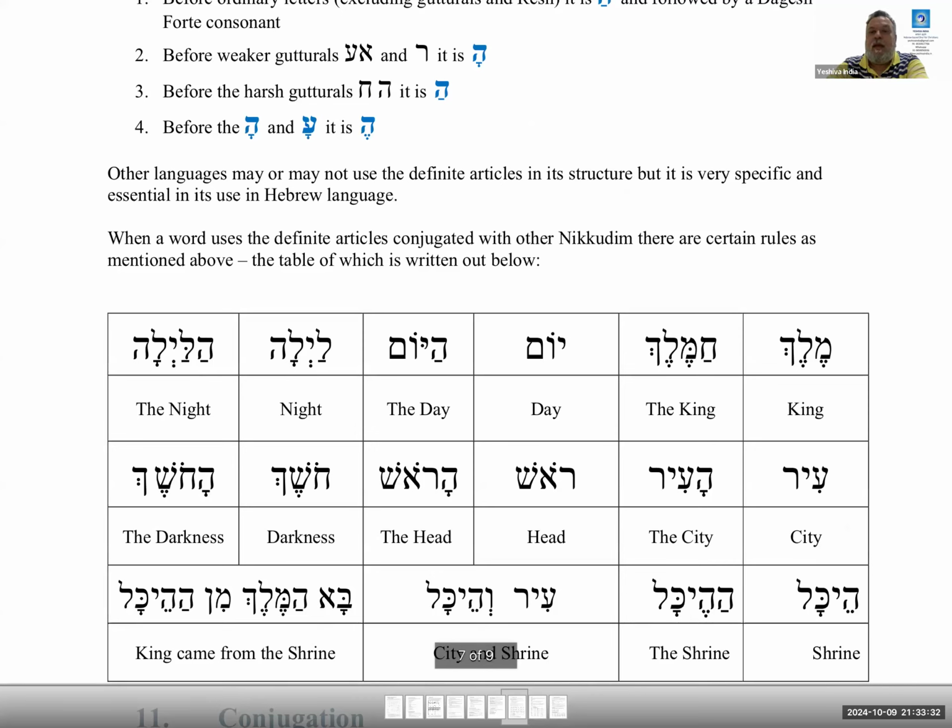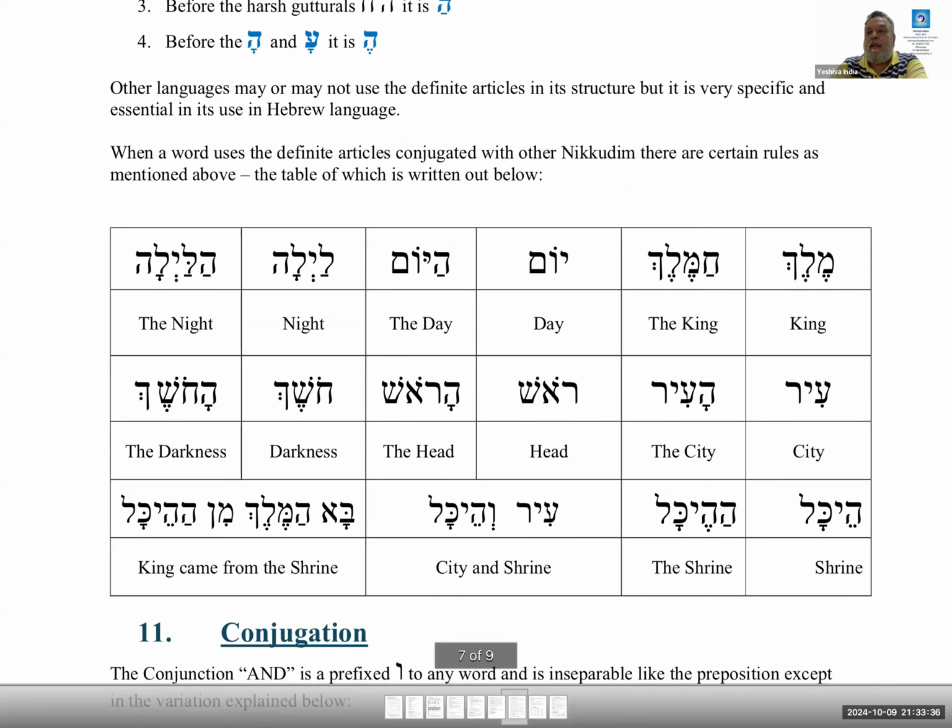Choshech, ha-choshech. Hechal, ha-hechal. Ba Hamelech min ha-hechal. The king came from the shrine.